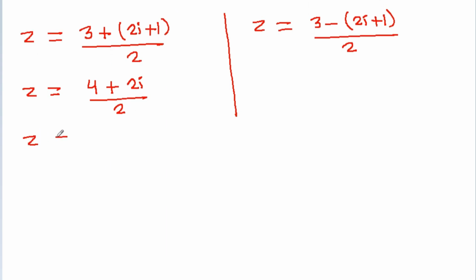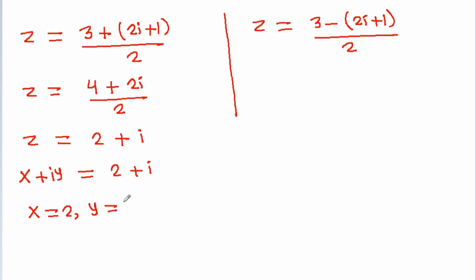That means z is equal to 2 plus iota, and z is equal to x plus iota y, that is 2 plus iota, that means x is equal to 2 and y is equal to 1.